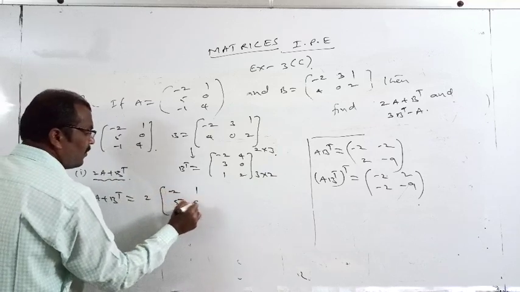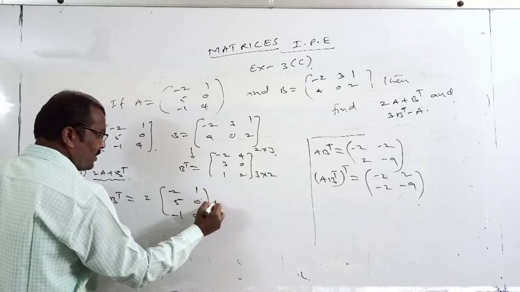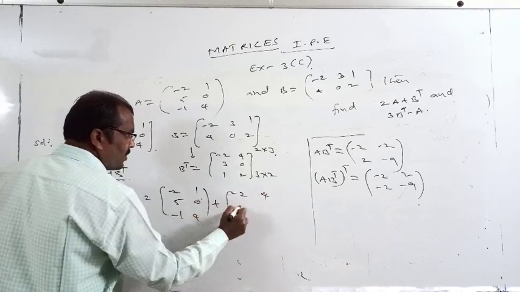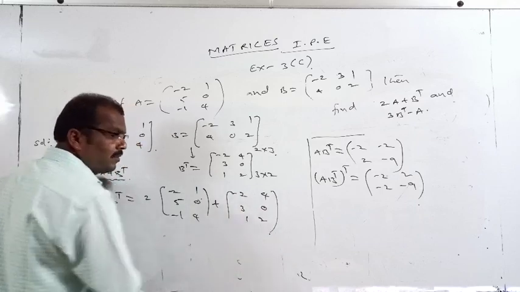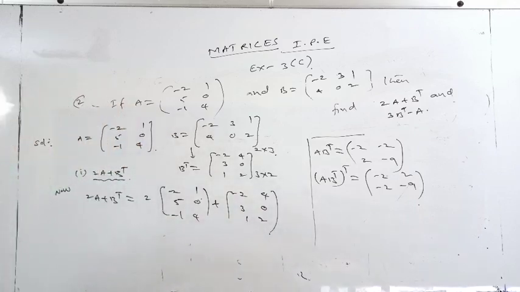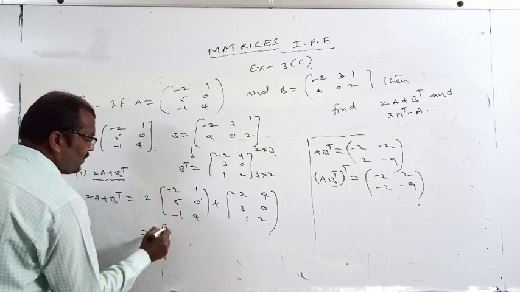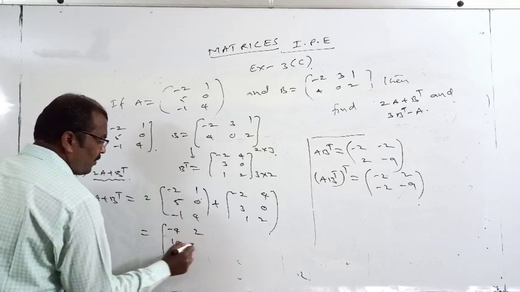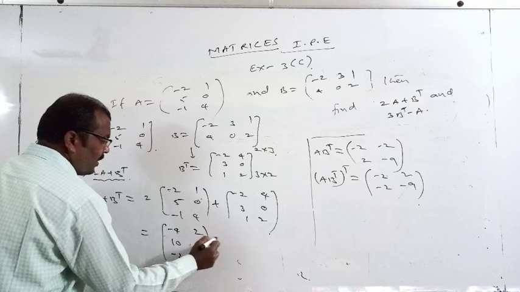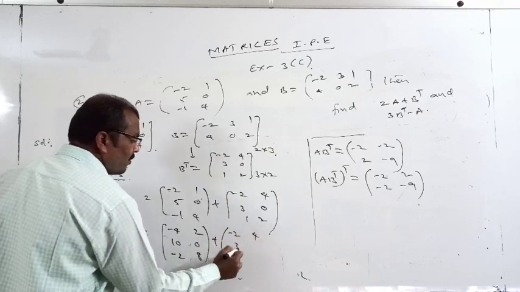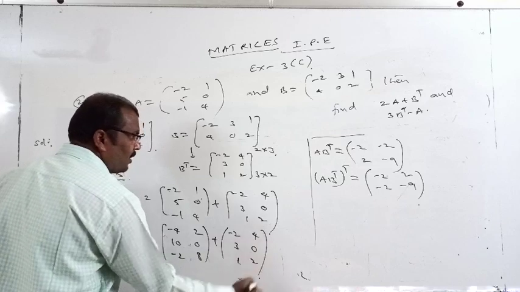Minus 2 1, 5 0, minus 1 4, plus B transpose, which is minus 2 4, 3 0, 1 2. Before going to the addition, first multiply the first matrix with 2. Minus 4 2, 10 0, minus 2 8. Here minus 2 4, 3 0, 1 2.